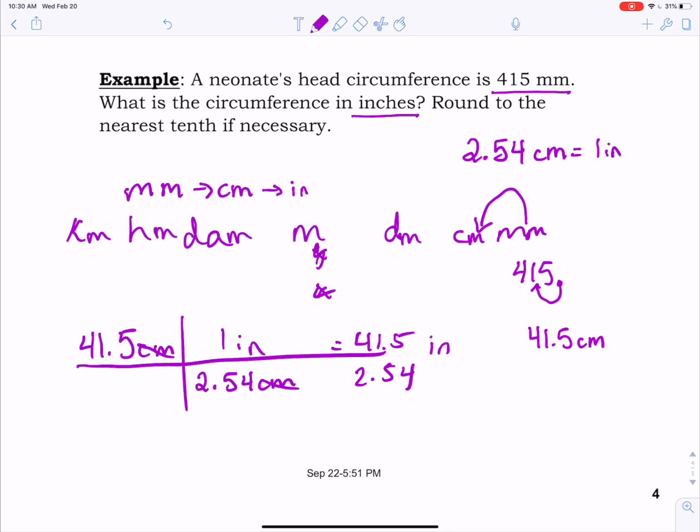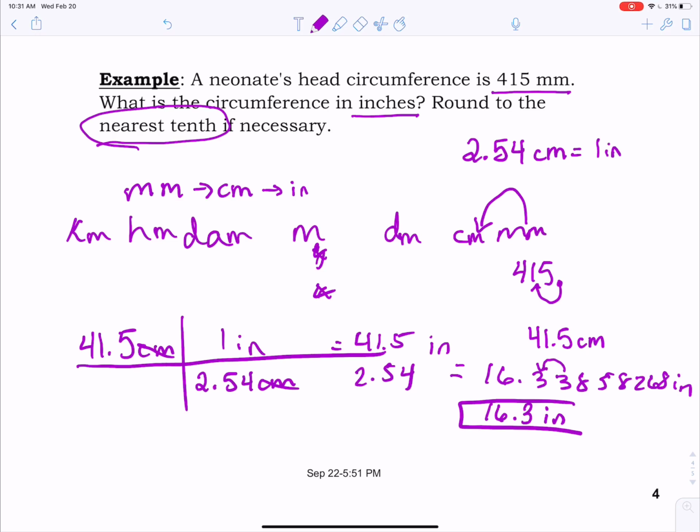And when I divide that out, I end up with a very long number. I end up with 16.3385 and 8268 inches. But if we look up at the problem, they told us to round to the nearest tenth. That's 1 digit after my decimal point. So I know I'm going to have 16.3 inches as my final answer.